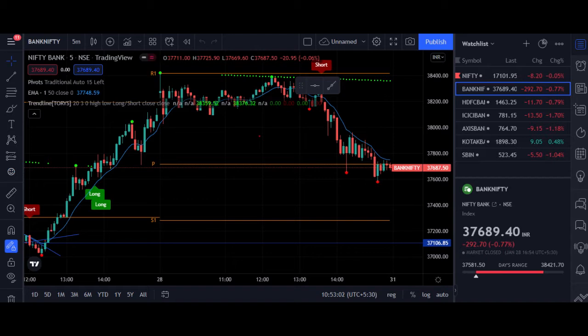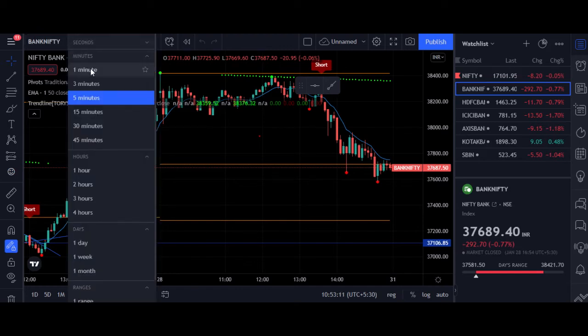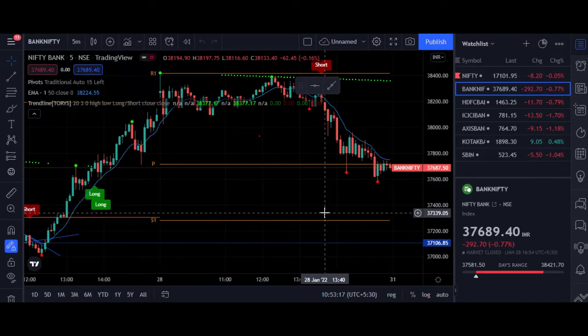The first point is to come into the 4 hour or 1 day time frame. Now we are in the 4 hour or 1 day time frame. Then what is the next point? The next point is to draw as many touches as possible. We need to draw the support and resistance line such that it touches the maximum points.